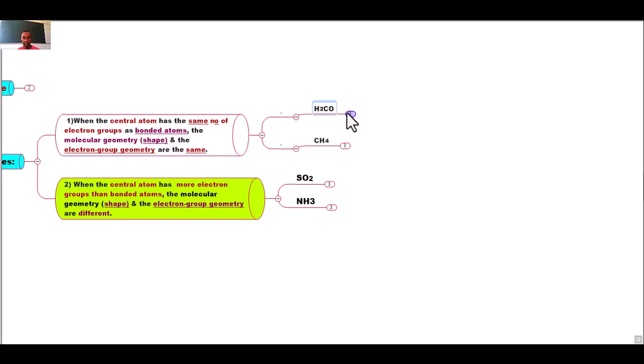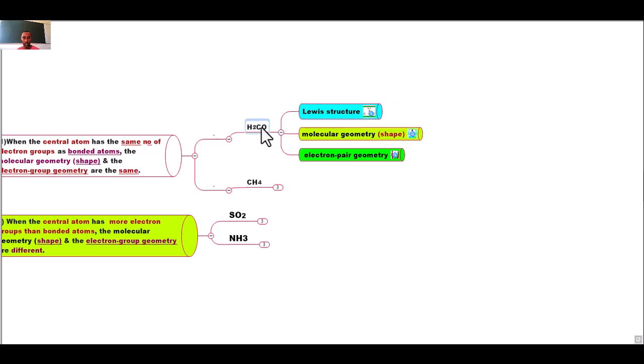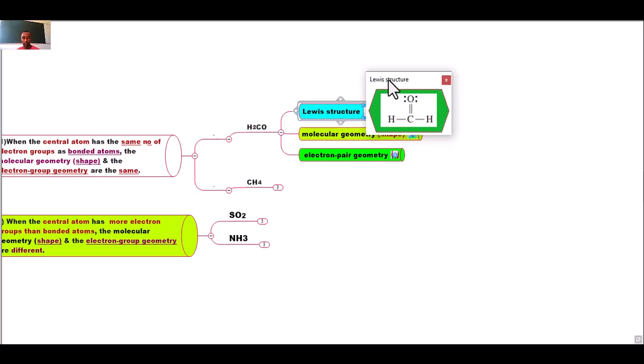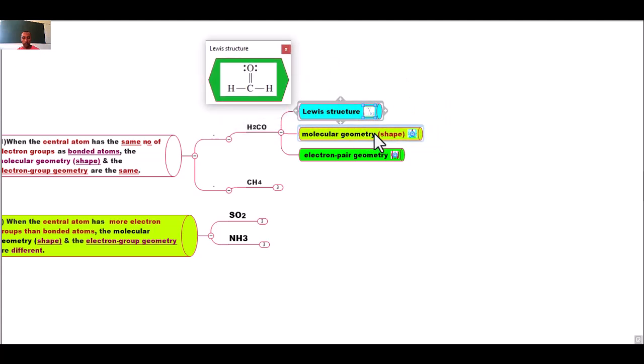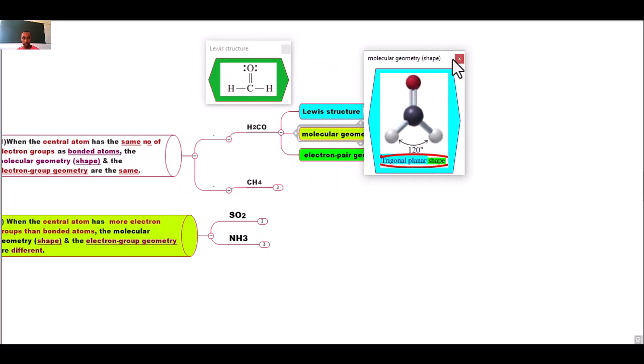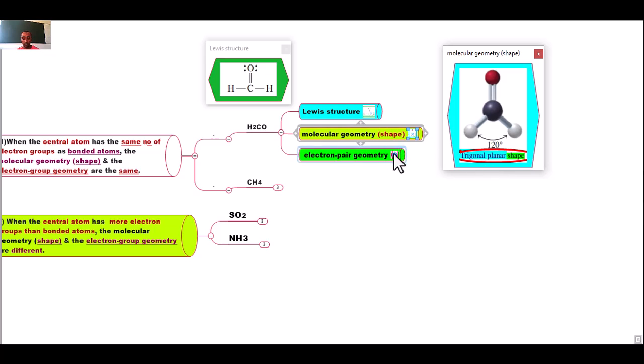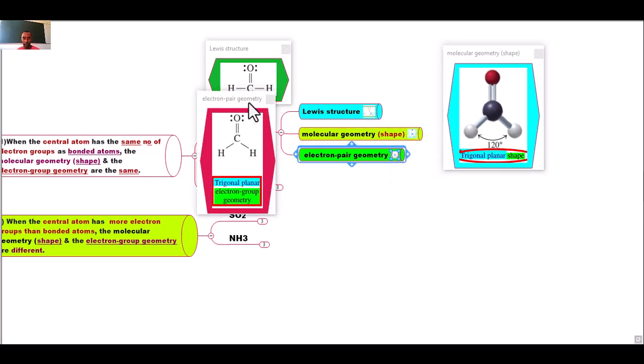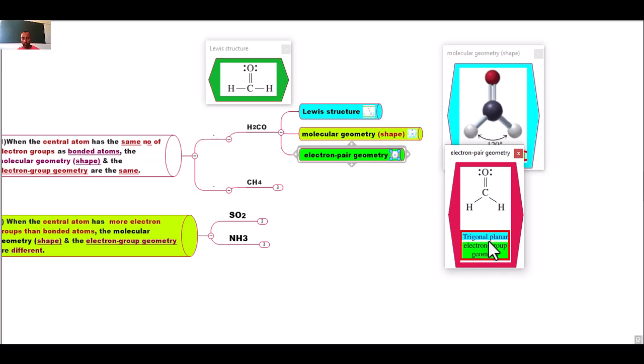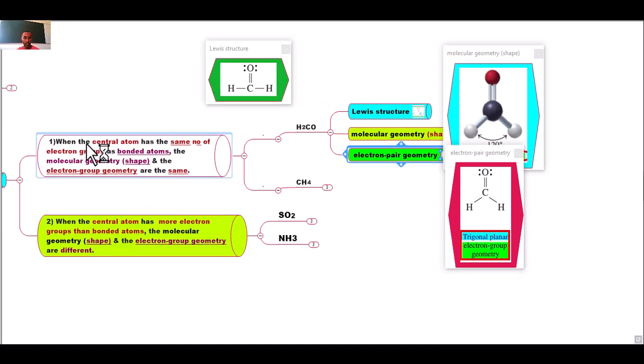For example, consider this. If you draw the Lewis structure for this molecule, you can obtain this one. The molecular geometry for this one is trigonal planar, and the electron pair geometry is similarly trigonal planar, because as you can see from this case, the central atom carbon has the same number of electron groups: 1 electron group, 2 electron groups, and 3 electron groups.